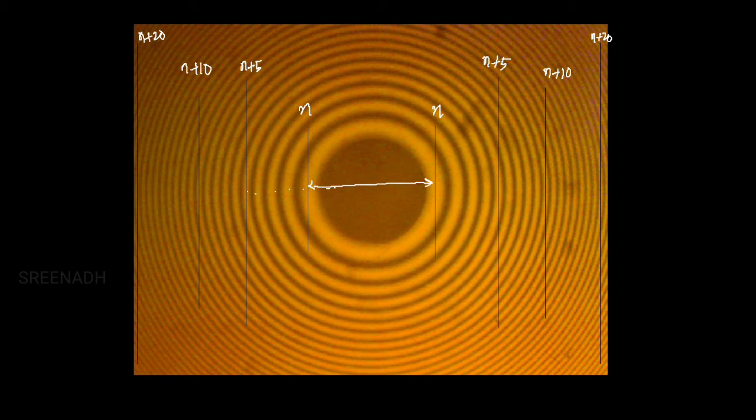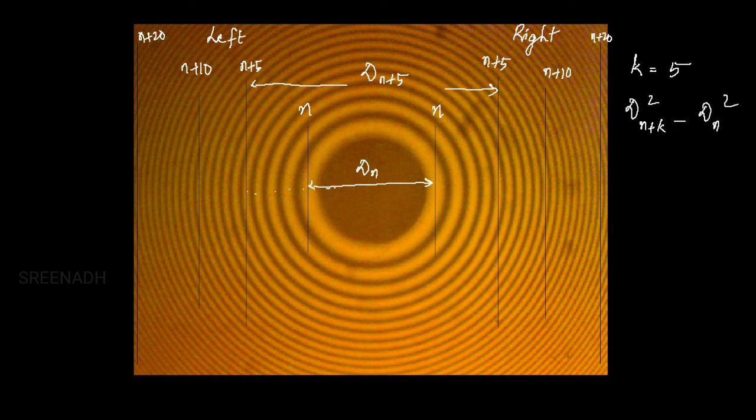So you need to take the measurement at n plus 20, n plus 15, n plus 10, n plus 5, n towards the center from the left, and it should continue for n plus 5, n plus 10, n plus 15, n plus 20 towards the right, keeping a k value equal to 5. So we can find the diameter of the ring as well as the value of D(n+k) squared minus D(n) squared.